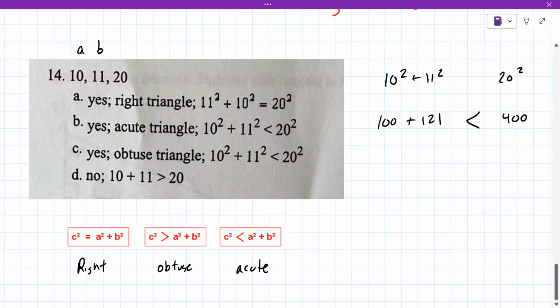The biggest is C. A, B, and C. Yeah. So it's going to be acute.